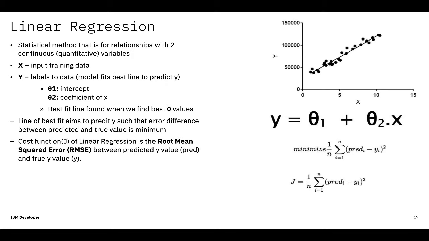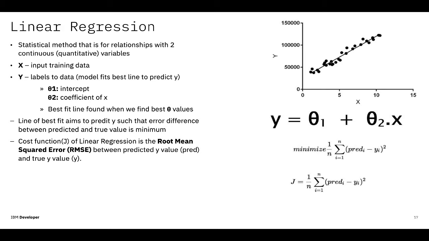Essentially, you're trying to find a line of best fit for your data. So you'll have X, which is your input training data. This is univariate, so only one input. And then you'll have Y, which is what you're trying to find out. So Y will be the labels to your data, so what the answers are associated with the X data.